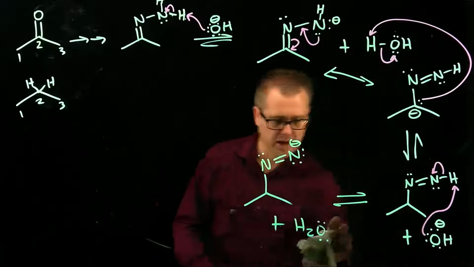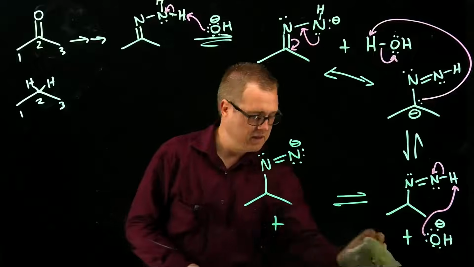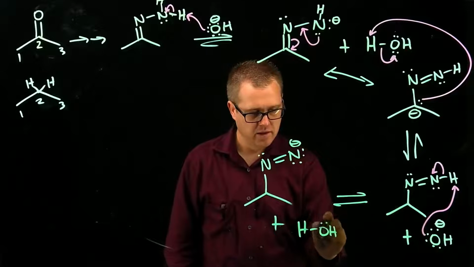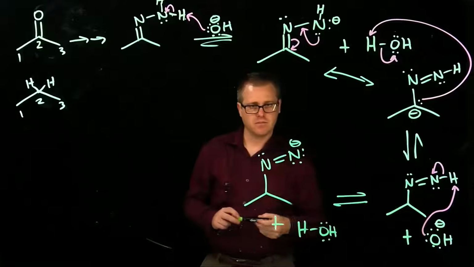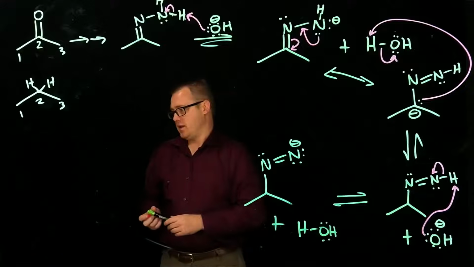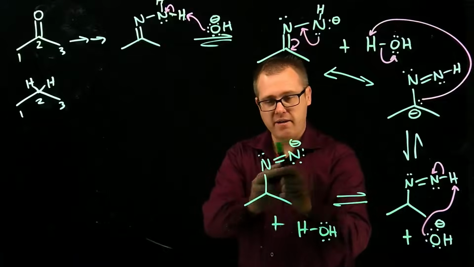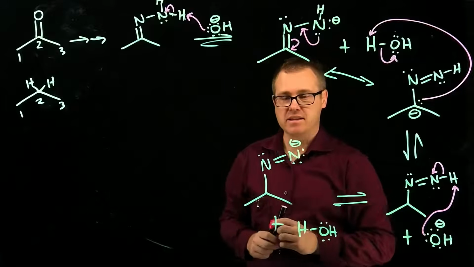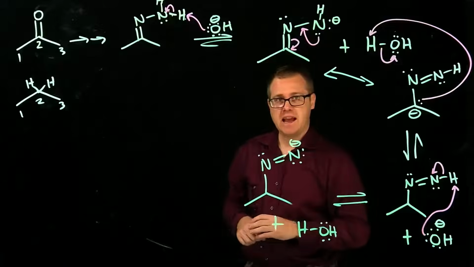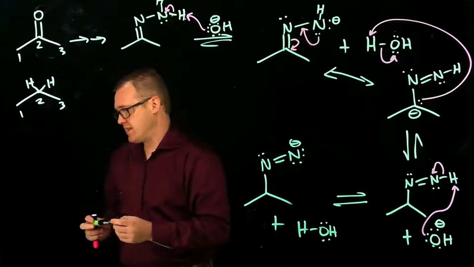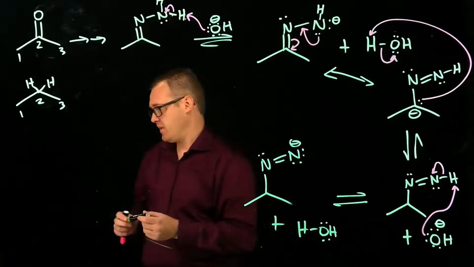And I'm going to actually expand out the water to look like this. Now what's going to happen now is this looks very similar to nitrogen gas. And nitrogen gas is a good leaving group. And so that's exactly what's going to happen here.